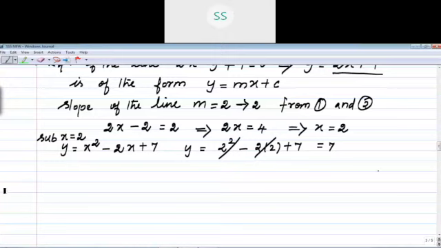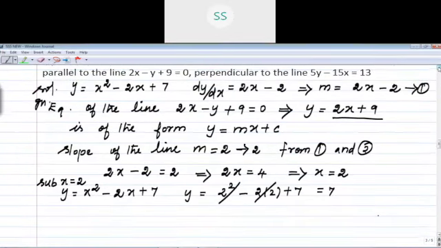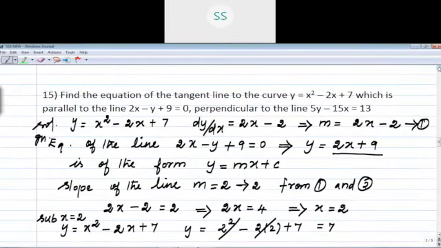Here you have to write the reason, children. Just I told you, equate. See, given the tangent is parallel. Tangent is parallel means what? Slopes are equal.